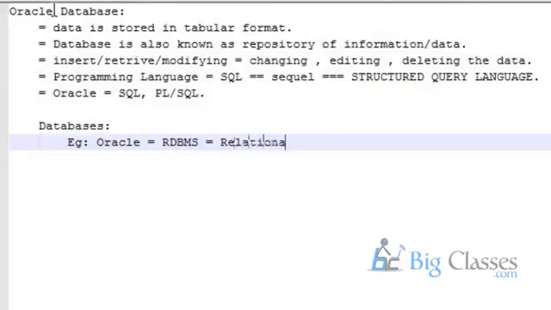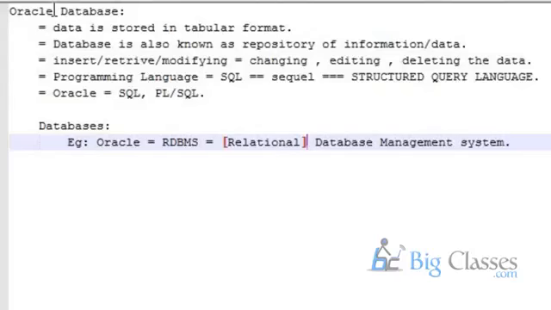RDBMS is Relational Database Management System. R stands for relational. That is, I told you that data is stored in the form of tables. Every table has rows and columns.